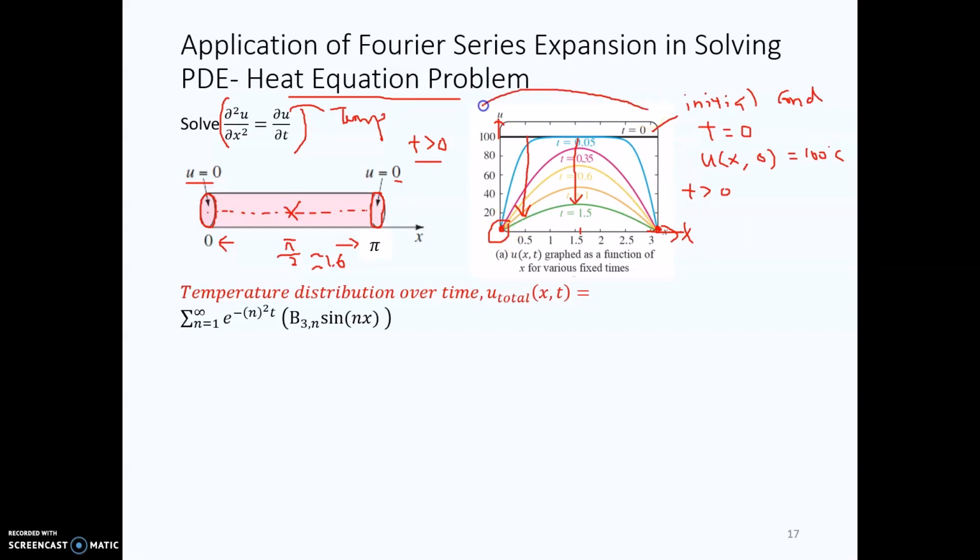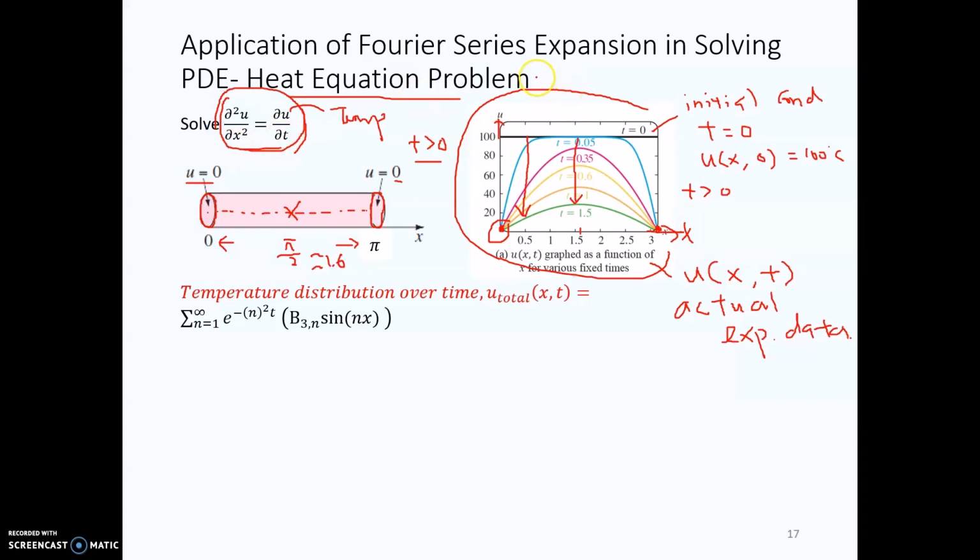The data presented in this graph is the temperature change with respect to the space in dimension x and in terms of time. Let's assume that this data is actual data obtained by experimental work. Many engineers and scientists are trying hard to solve this PDE problem in order to obtain the solution for the heat equation problem.